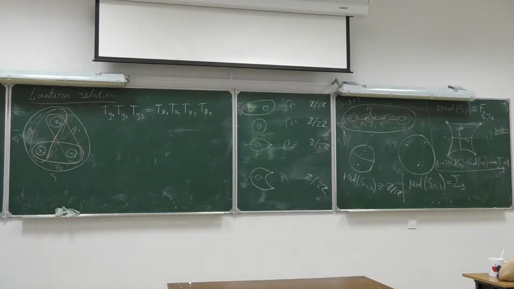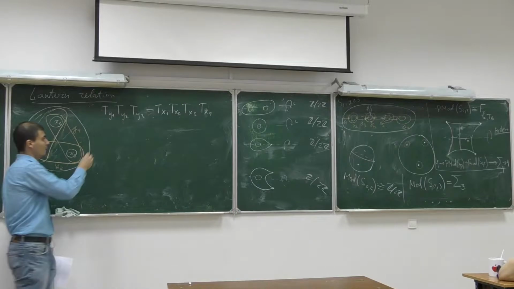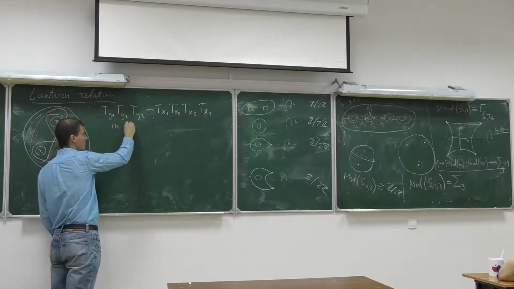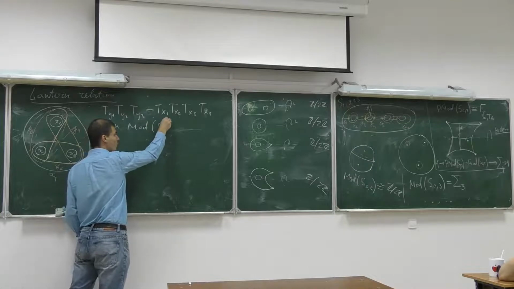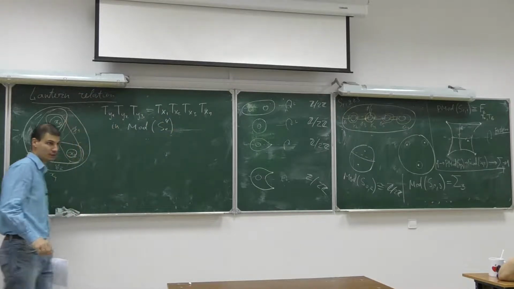Initially, this relation holds in the mapping class group of a sphere with 4 boundary components.